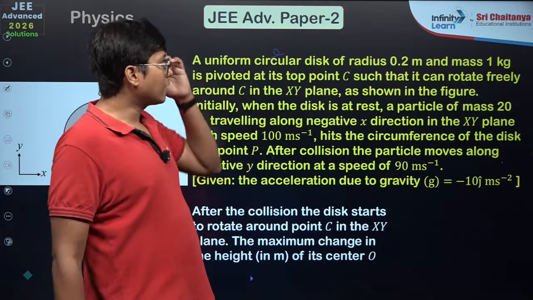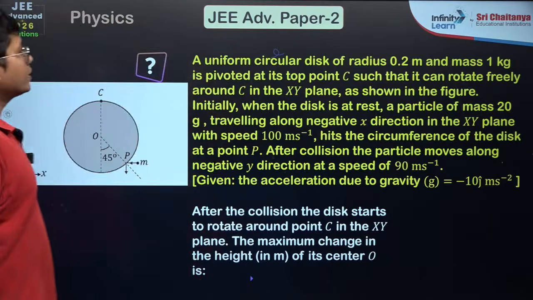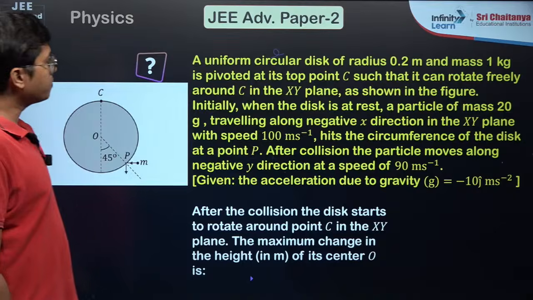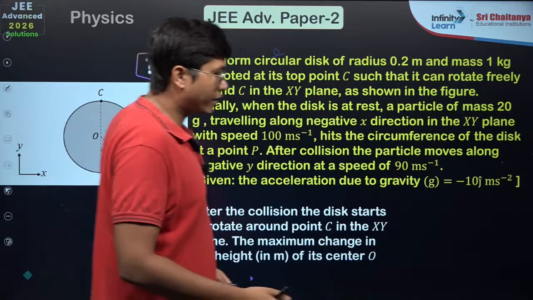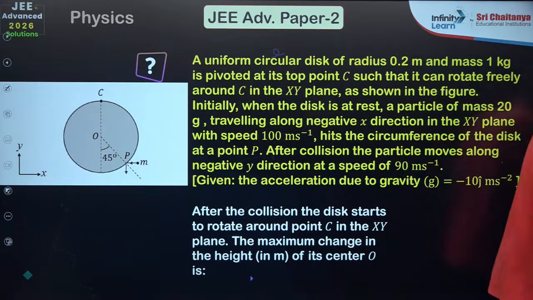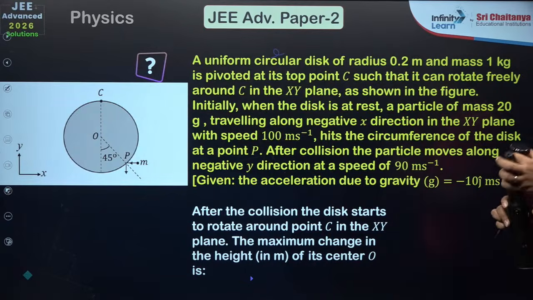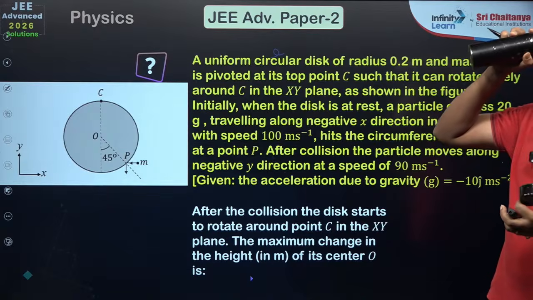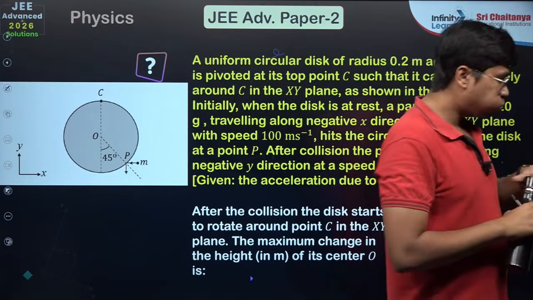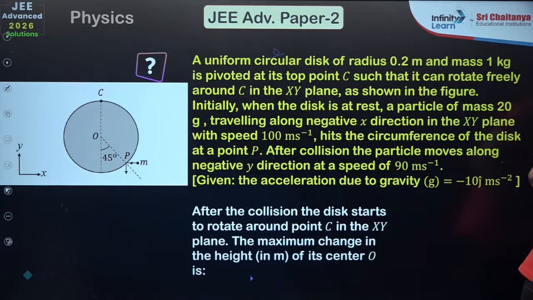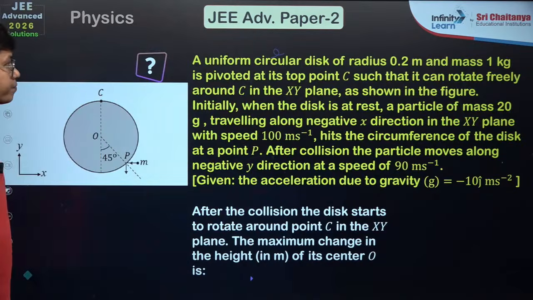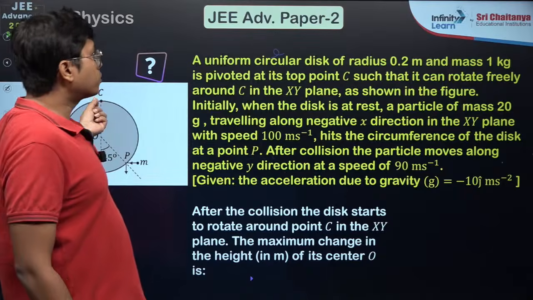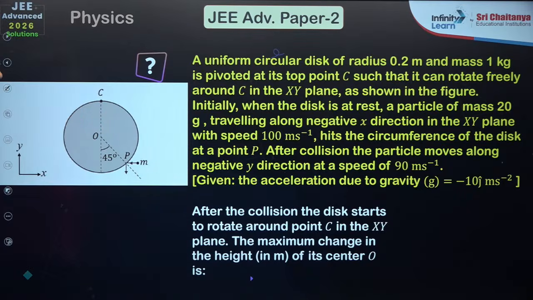Next, this I think is the last paragraph type question. A circular disc of radius 0.2 meter, mass 1 kg, is pivoted at its topmost point C, such that it can rotate freely in the xy plane, as shown.